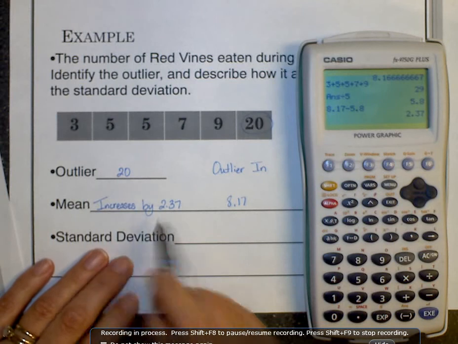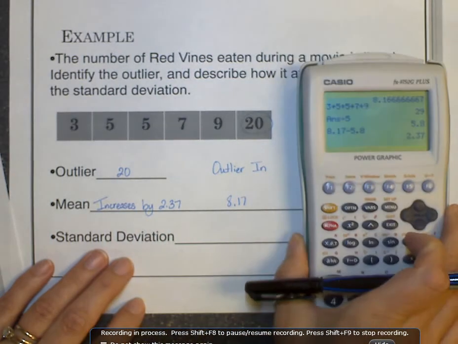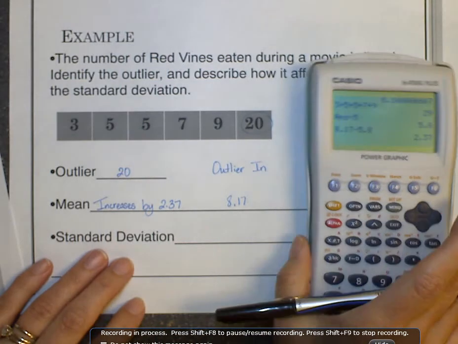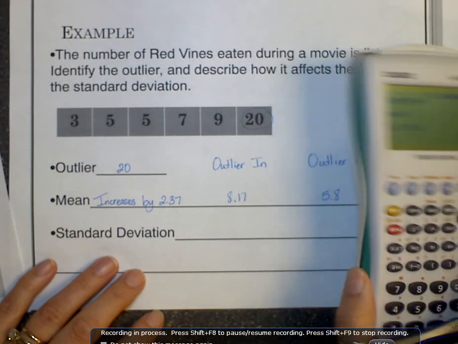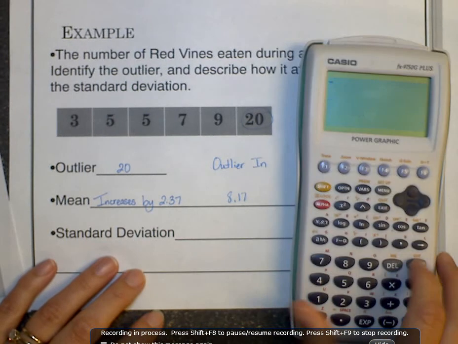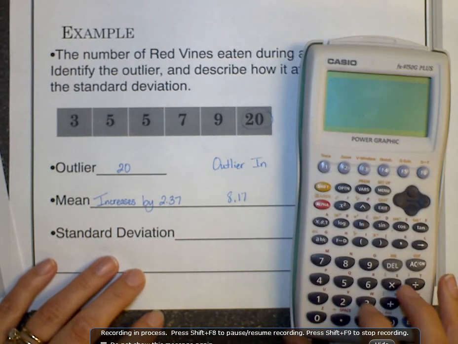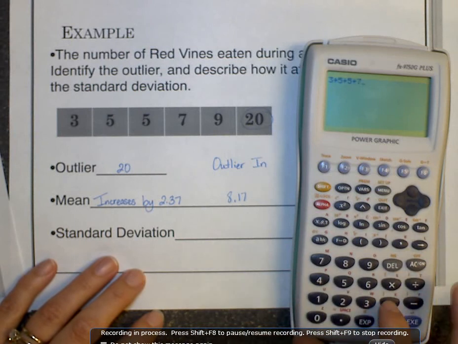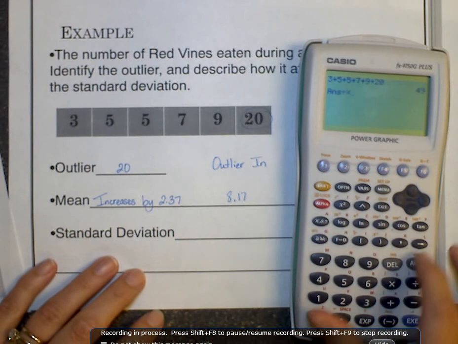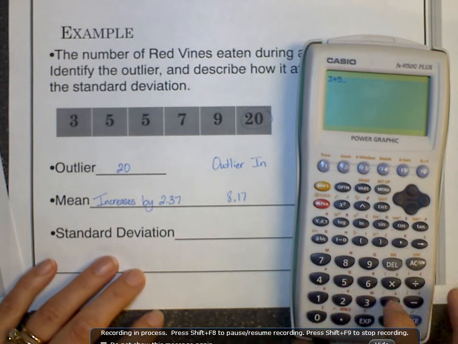Now for our standard deviation. I'm going to go back just to make sure I don't screw this one up. 3 plus 5 plus 5 plus 7 plus 9 plus 20 divided by 6.